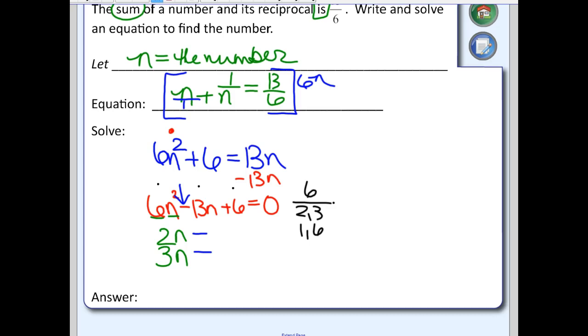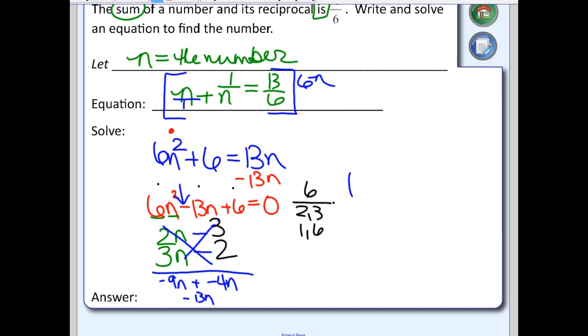So we need 13 in the middle. So we've got 3. Okay, so if we put a 3 here and a 2 there, let's X factor and check the middle and see if it works. Remember, this is going to be negative 4n, and this is going to be negative 9n. Hey, guess what? We have chosen wisely.